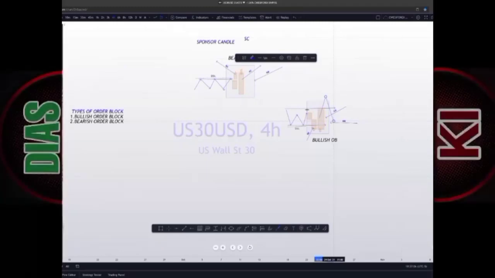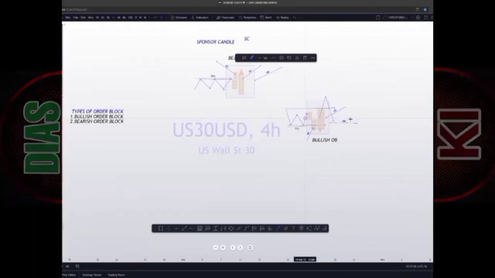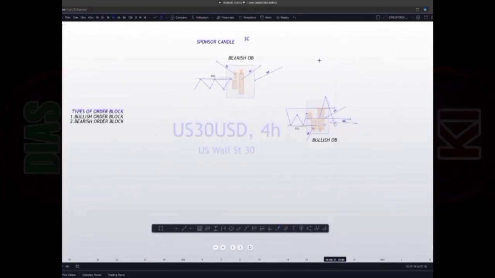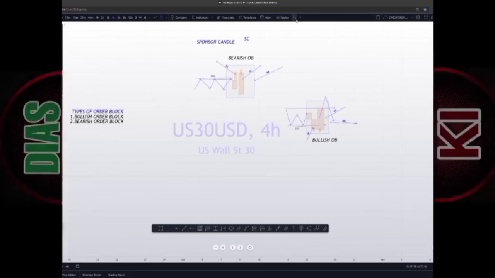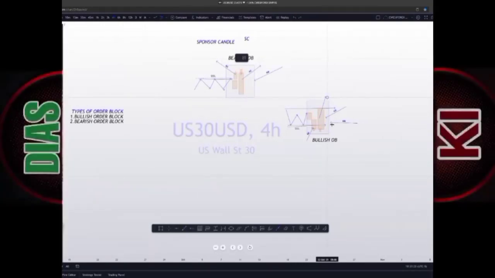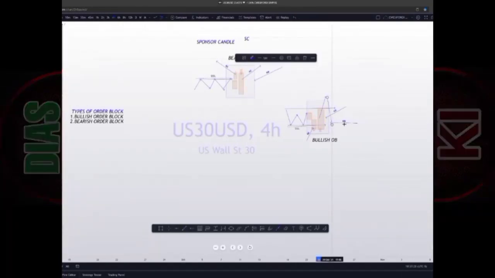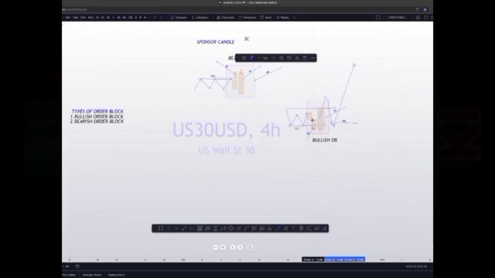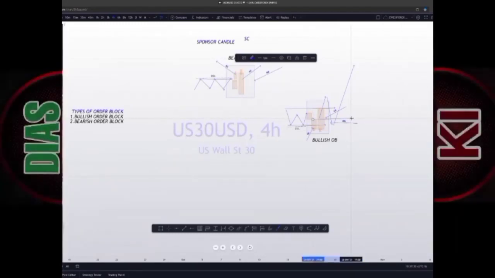Price returns to tap this, the 50%, retrace 50% of the bearish candle and move to the upside, or 100% and move to the upside.